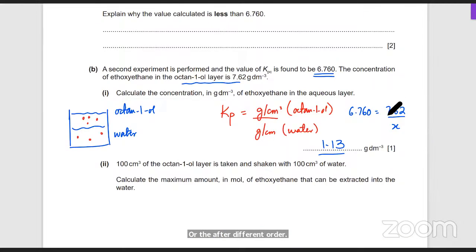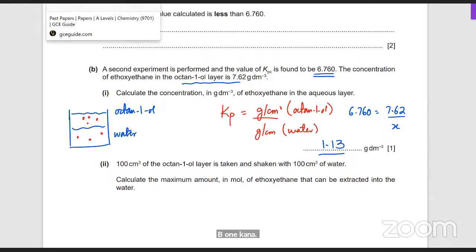B1 का ना. हाँ तो यही आएगा. नहीं कैलकुलेशन सामने है ना. अच्छा.